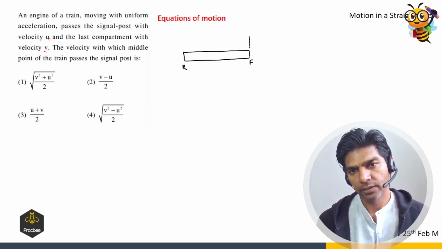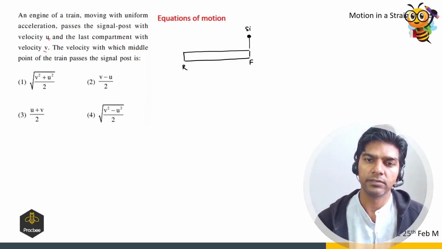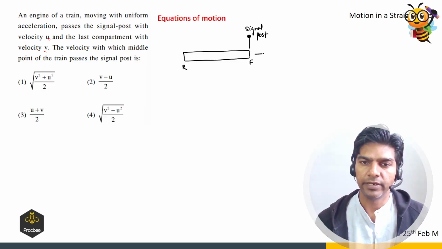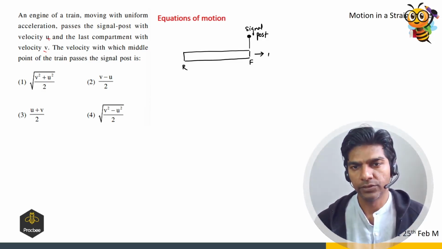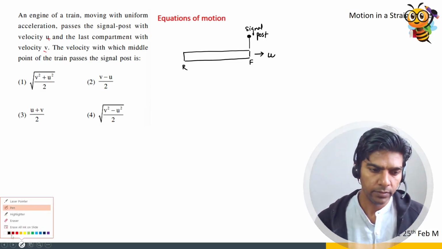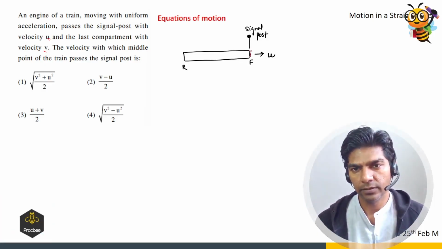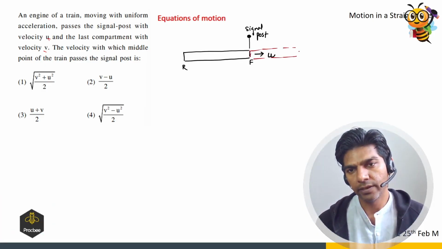And let us say that is the signal post. It is going in the right direction. At this very instant, the velocity is u. And when the rear end crosses the signal post, at that instant, the velocity will become v.